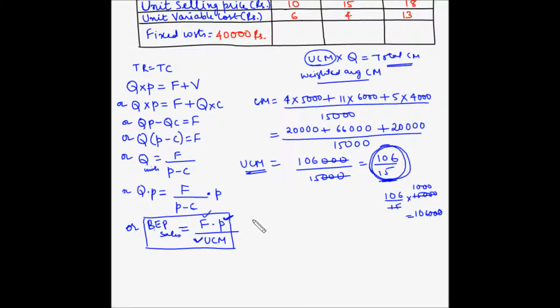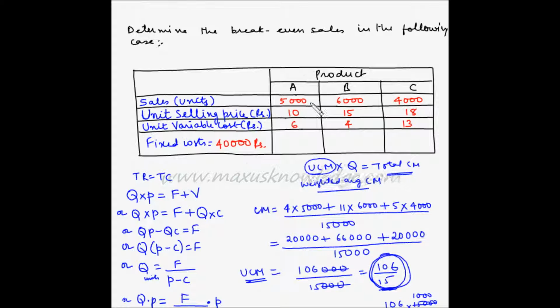So what we'll do is we'll find out the weighted average selling price. So the unit selling price will be equal to, so first we'll find out the total sales for each product and then add them and divide by the total number of units sold.